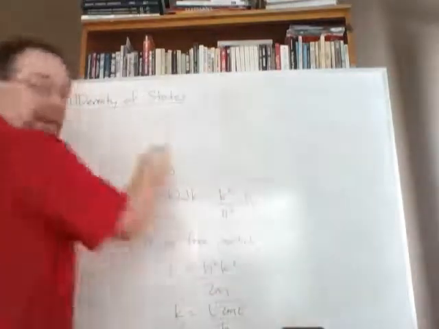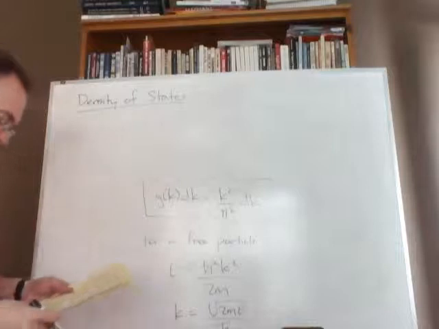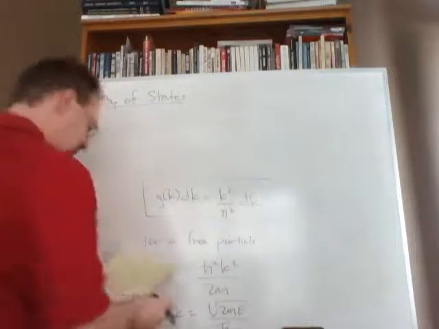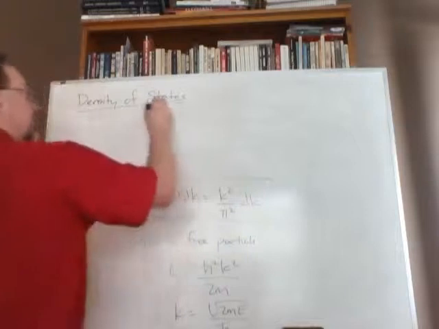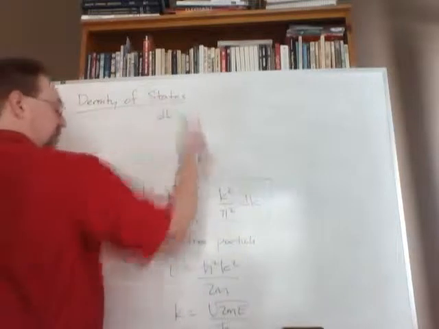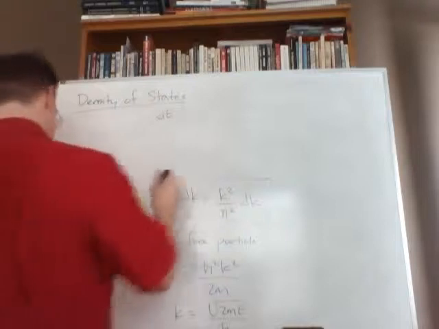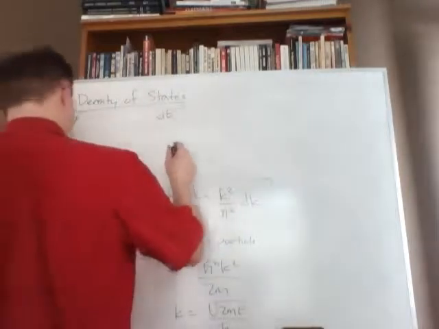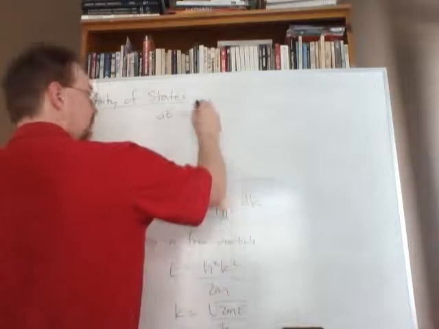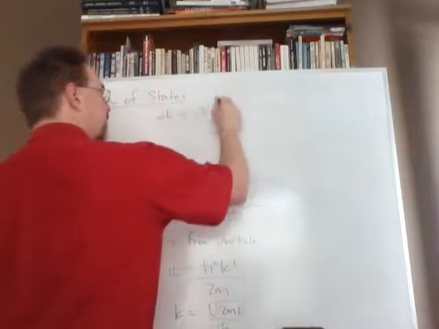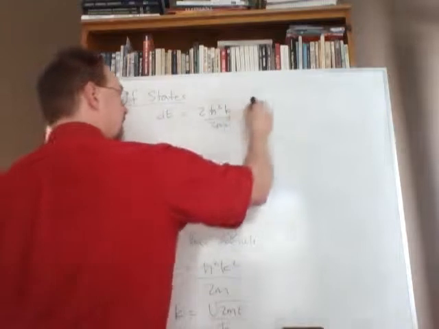I'm going to go back up here now. So I can take the derivative of this with respect to k, and then multiply back over by dk. dE is equal to 2 h bar squared k over 2m dk.